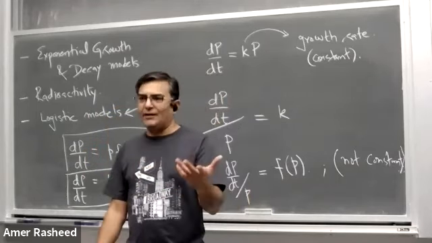For example, any biological organisms, bacteria, or any population, okay? Definitely, population cannot grow over m. That's why we are assuming that this growth rate function satisfies these two conditions.